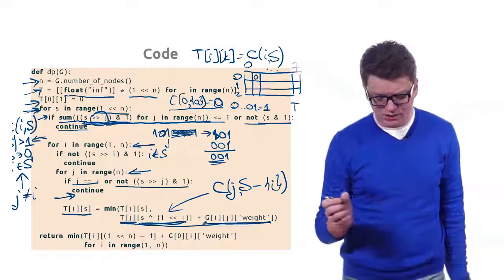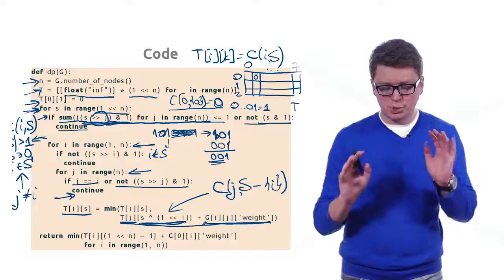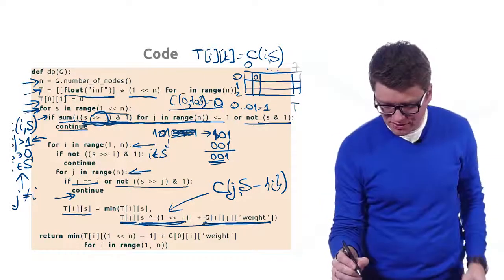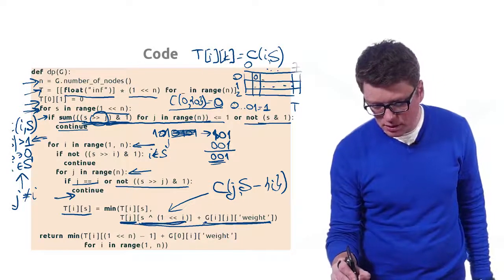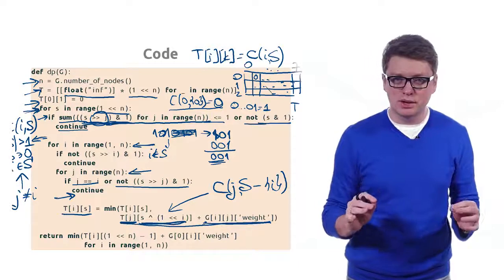Namely, for directed graphs, actually we need to add an edge from j to i. So at this point we assume that our graph is undirected, okay? So this way we fill in all the table. We replace some of the plus infinities with actual values in our graph.